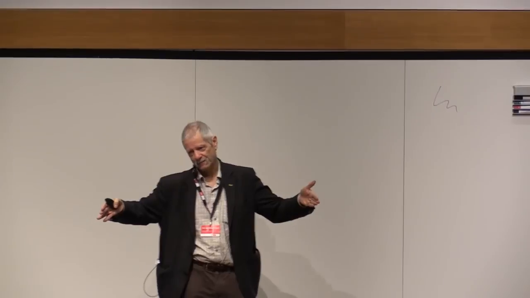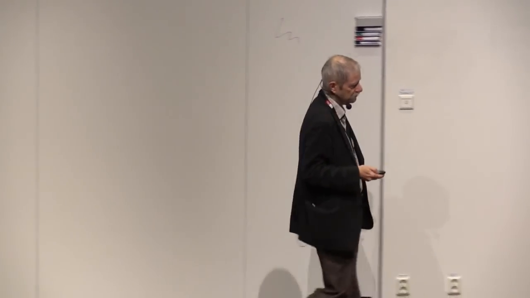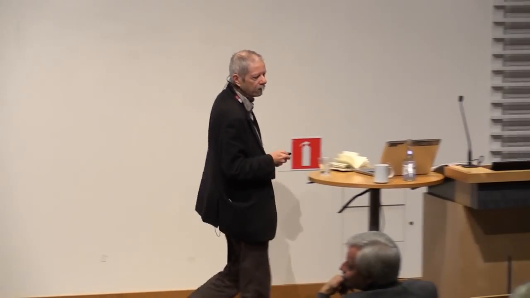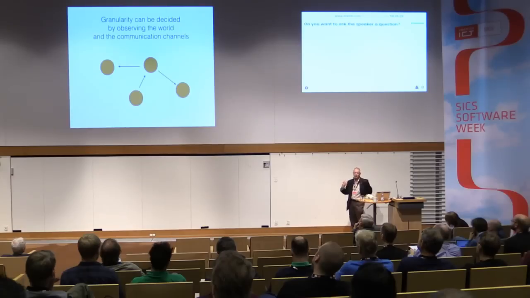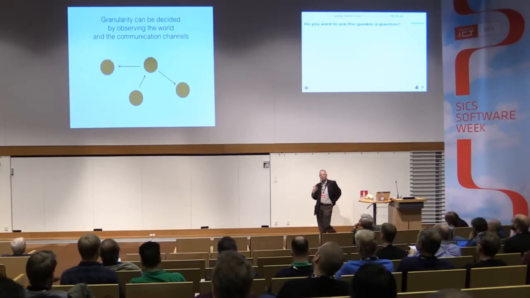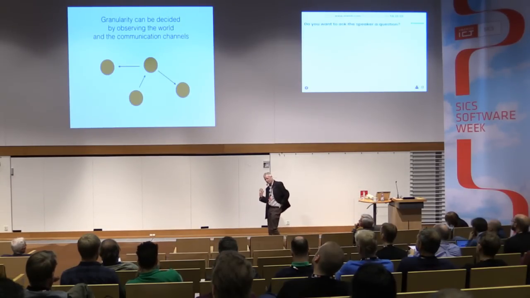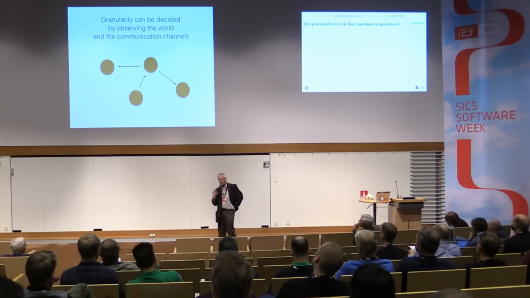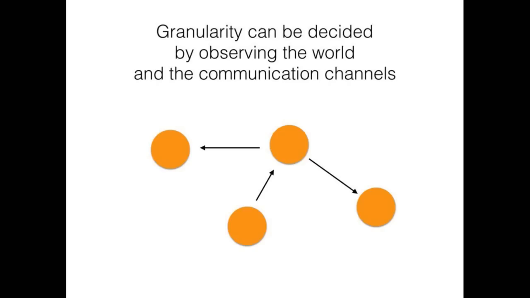And the reason you can't horizontally scale is because you've got shared memory. If you've got pure message passing, you can do that. So the granularity of a lot of problems and how you break things into parallel processes can be done by observing the world for real-world problems.